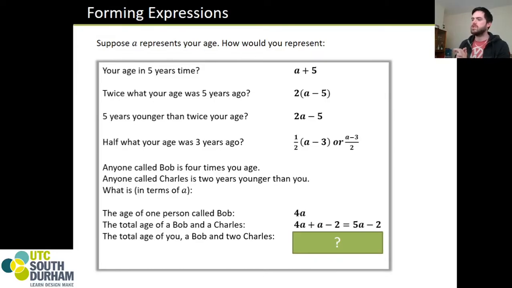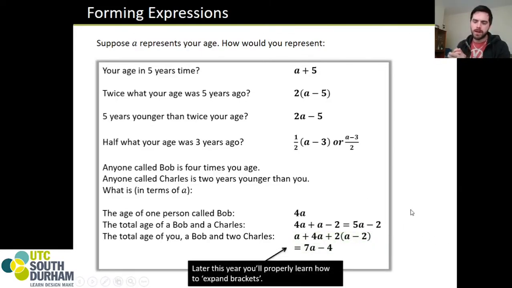The total age of you, yourself, a Bob, and 2 Charles. 2 Charles we need to think about very, very carefully. We know that we are a, Bob is 4a, and 2 Charles is going to be 2 lots of a minus 2. If you come back to simplifying expressions, again, that was done in video 1.